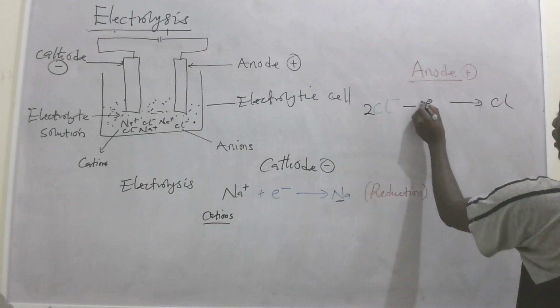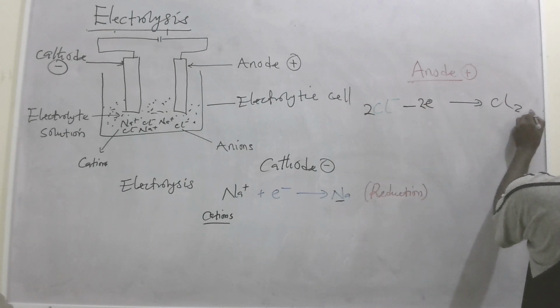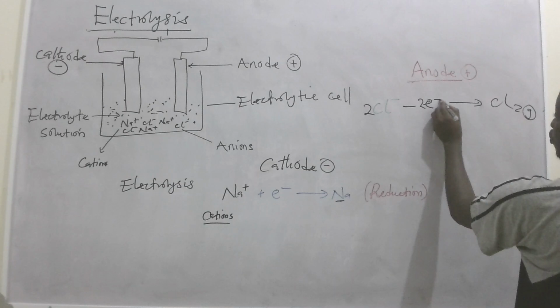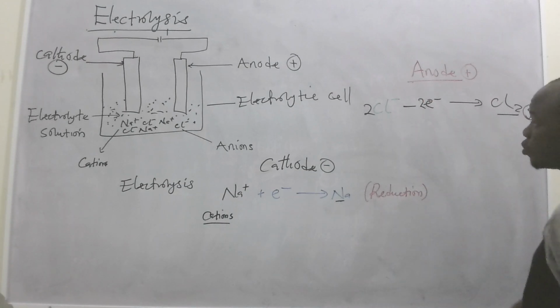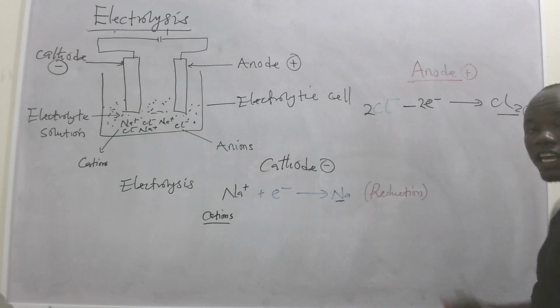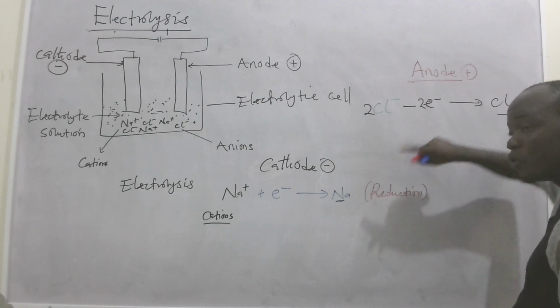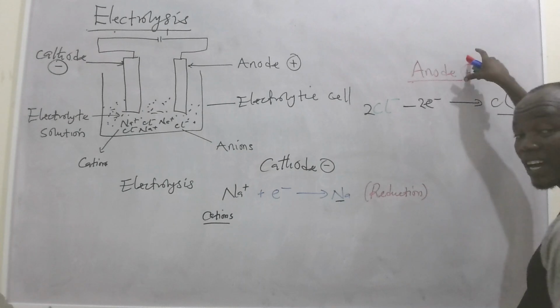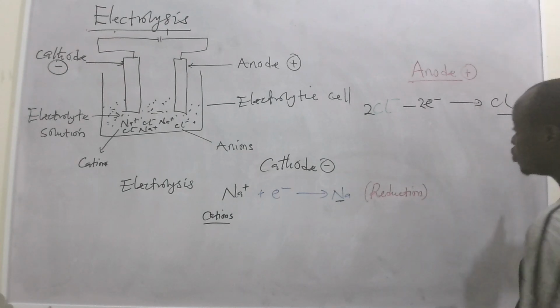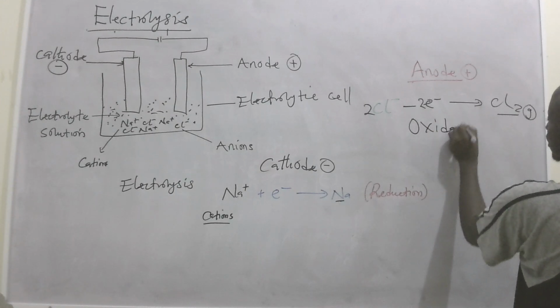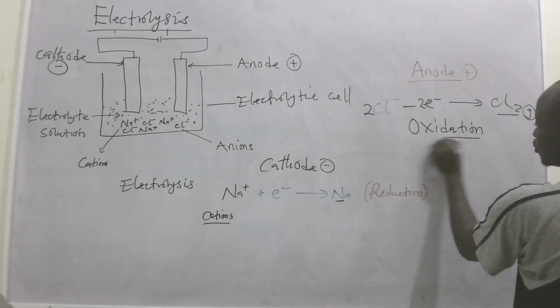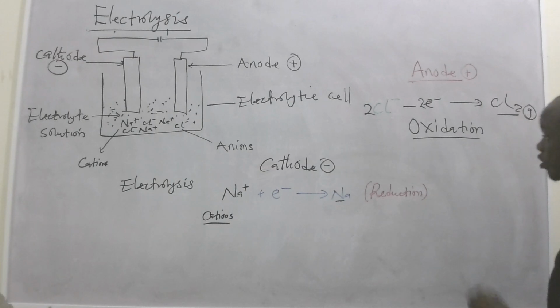Chlorine always exists as a diatomic gas, so two chloride ions will lose two electrons to become molecular chlorine. Because at the anode there is a loss of electrons, the chloride ion gives its electrons to the anode, and that is why oxidation takes place at the anode.